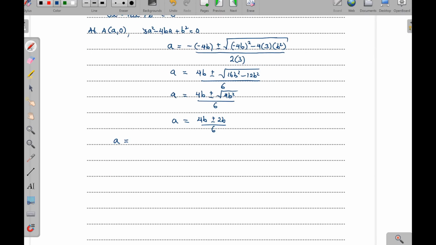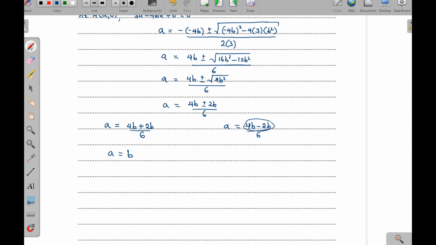If I want to get a, this one will be 4b plus 2b out of 6, or a can be equal to 4b minus 2b out of 6. So this is 6b out of 6, that one will be b. Then here, 4b minus 2b will be 2b, over 6, which will be 1 over 3, so b over 3.